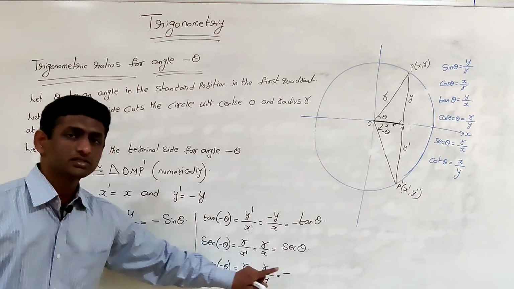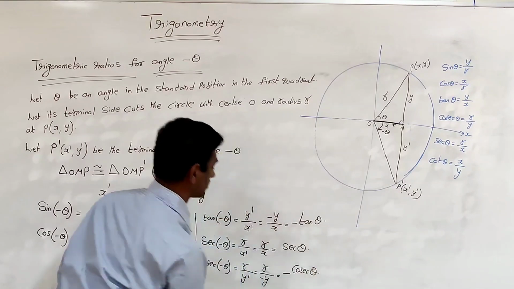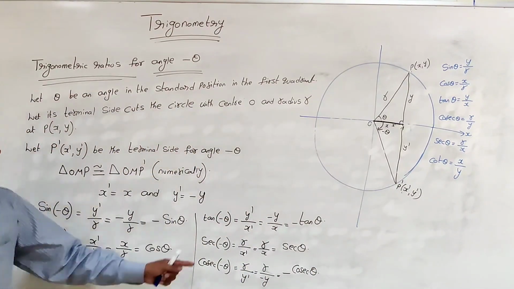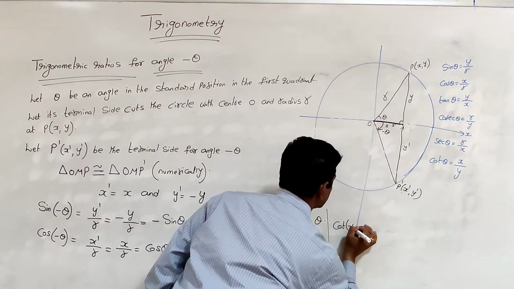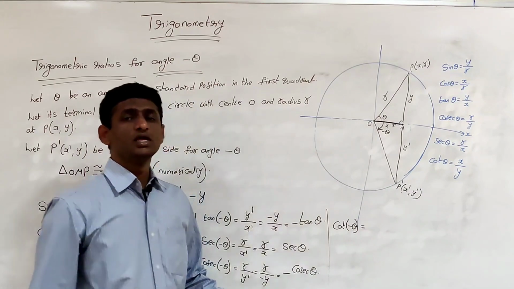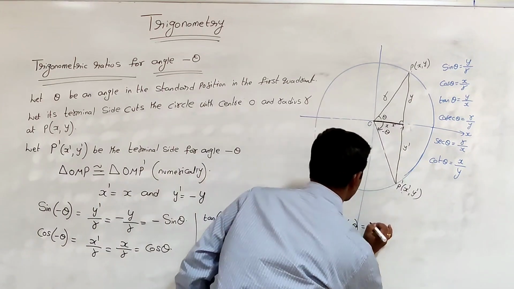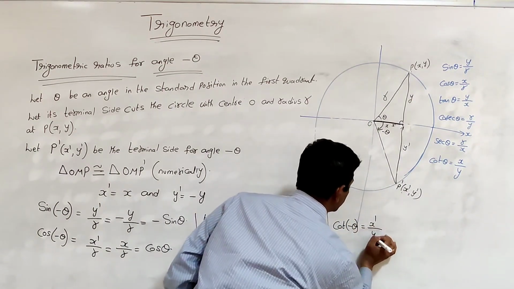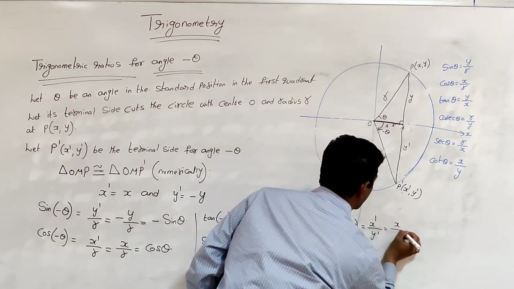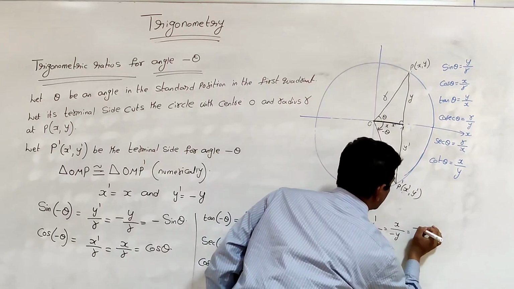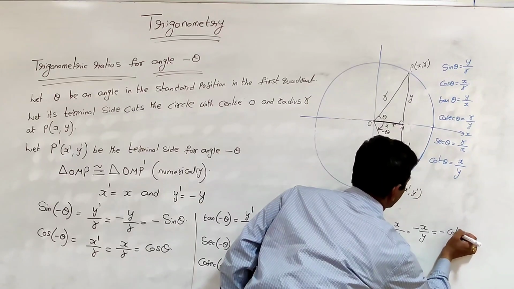Minus r by y gives minus cosecant theta. So cosecant of minus theta is minus cosecant theta. Next, the last one, cot of minus theta. Cot of minus theta is the adjacent side by the opposite side, so x dash by y dash. x dash and x are equal, and y dash will be minus y. So it will be minus x by y, which is minus cot theta.